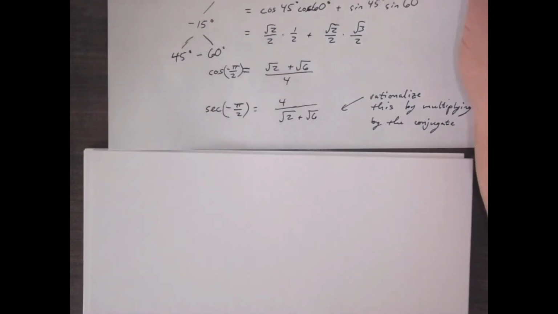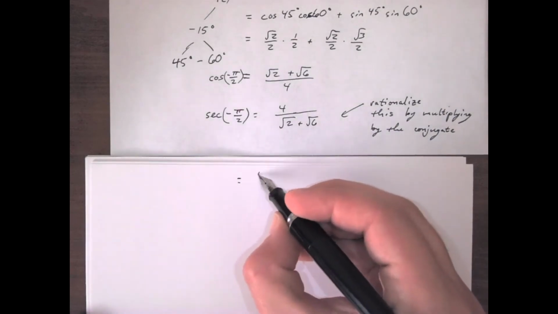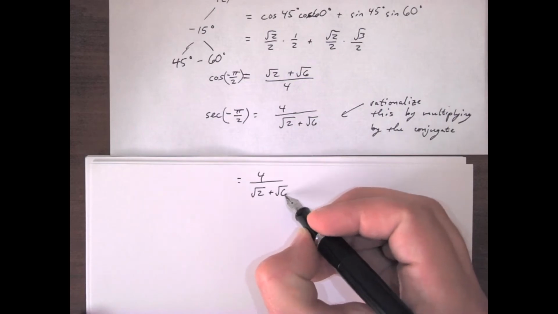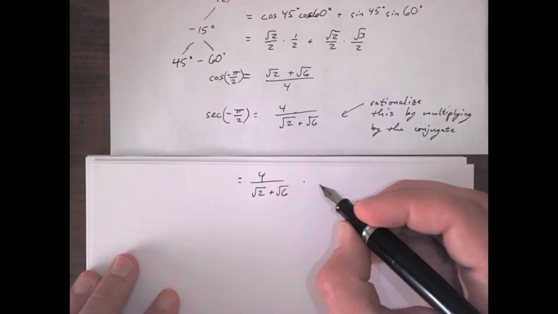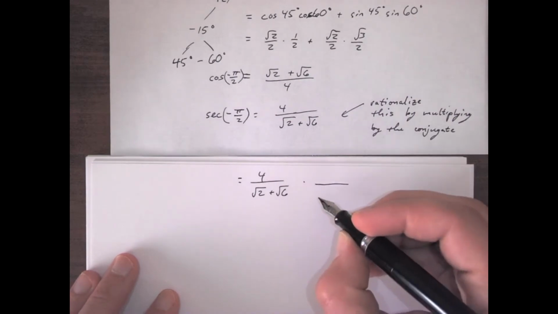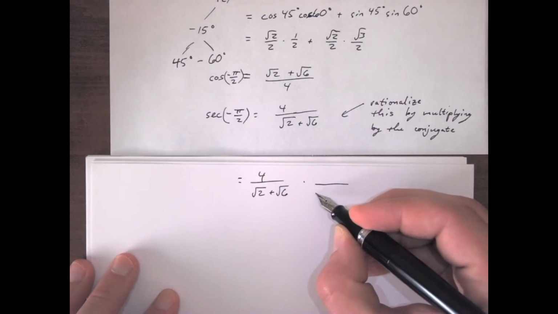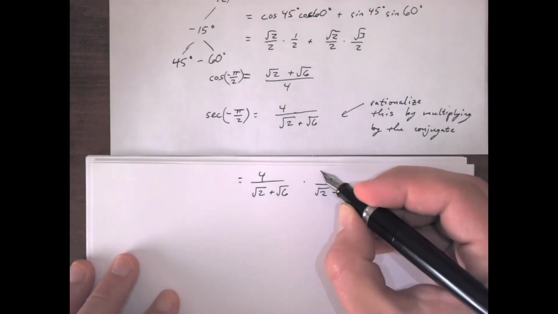So that's what we are typically going to have to do here. We don't want to have irrational numbers in our denominators. So what we're going to have is root 2 minus, instead of plus, root 6.